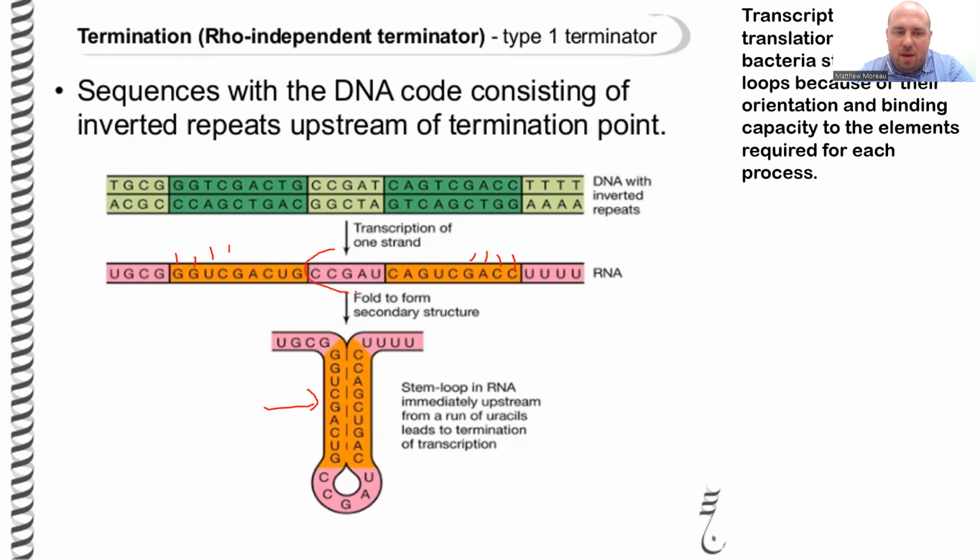And then there is a small spacer sequence, which gives rise to this hairpin, just like we saw with the CRISPR locus. And those inverted repeats, or the inverted palindromes, are really critical for the ability to make these stem loops. And again, the stem loop in the RNA runs upstream of the run of the polypyrimidines, and therefore in the DNA, it runs upstream of the polypurine tract. And that causes a severe pausing and then eventually instability and dissociation of the transcription complex.